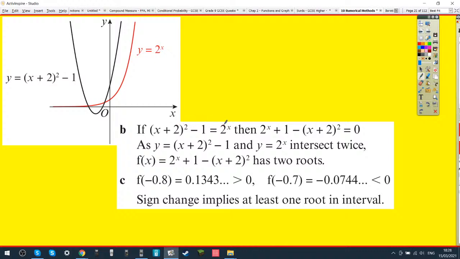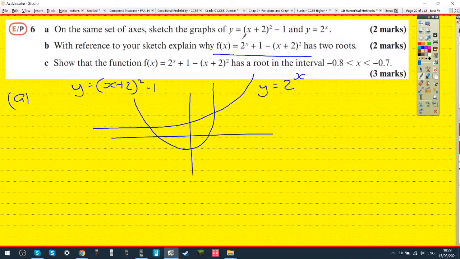If this is equal to this, then that, so maybe you just need to actually bring them together. So the two are separate, so I think you just need to write first x plus 2 squared minus 1 equals 2 to the x.